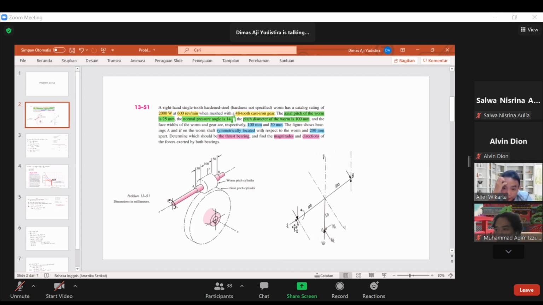Nah, terus yang di titik G itu apa? Ini gaya yang di gearnya, di lubang-lubang gear itu, warna pink itu. Ah ya, di situ. Kok bisa muncul di sana dari mana, Mas?